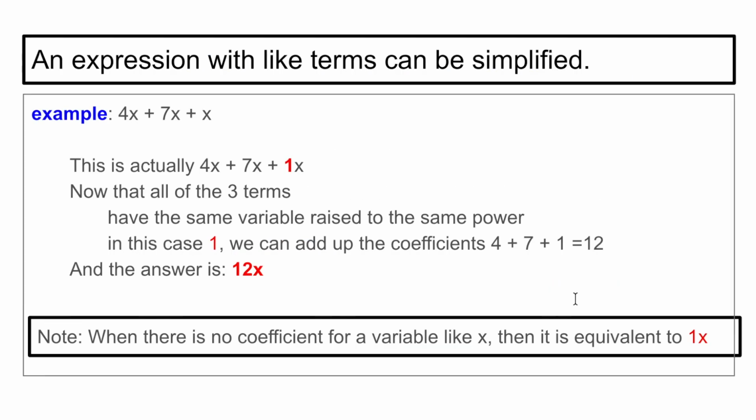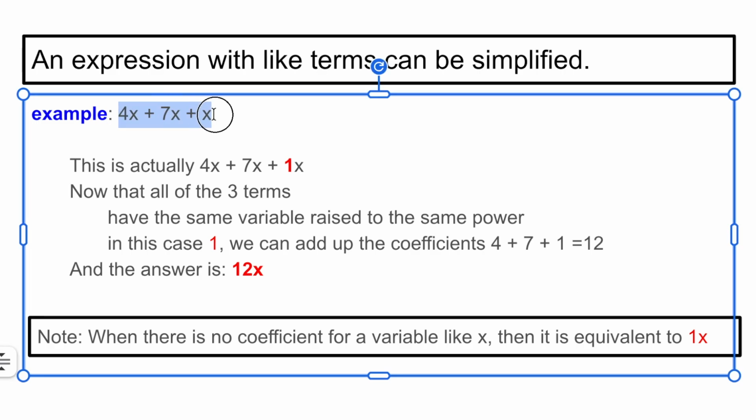Now let us see how to simplify an expression which has like terms. See this, 4x plus 7x plus x. This is actually 4x plus 7x plus 1x, as I was referring to in the previous section.